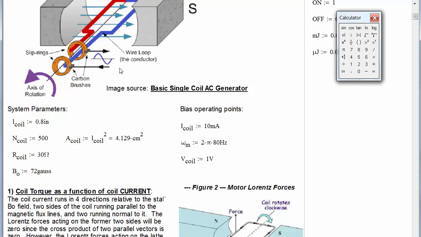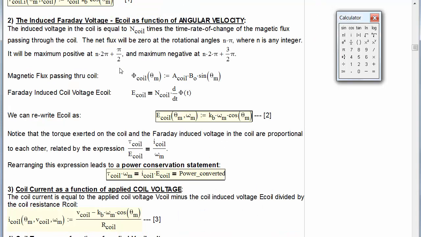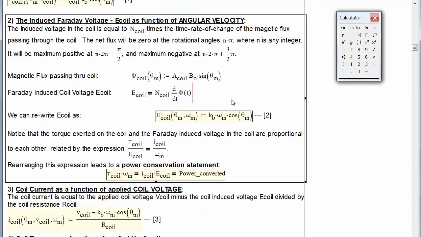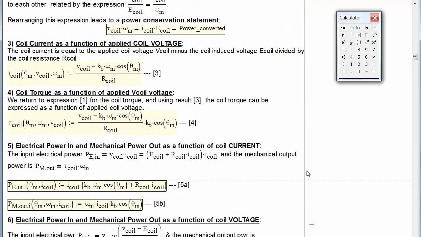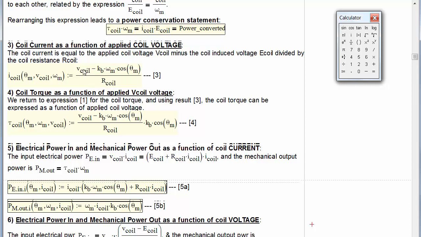We take that voltage, subtract E coil, the induced voltage K omega times cosine theta m, and that's what we have across the resistance. We divide that by the resistance to get our current.